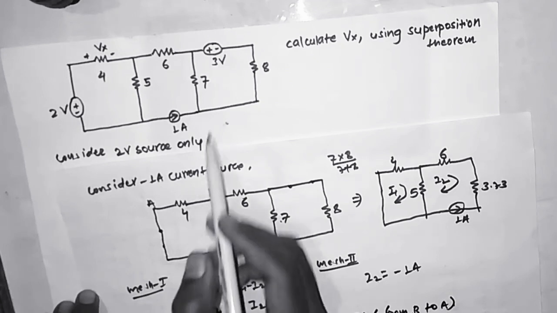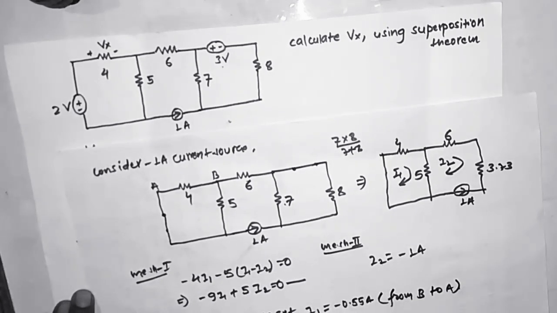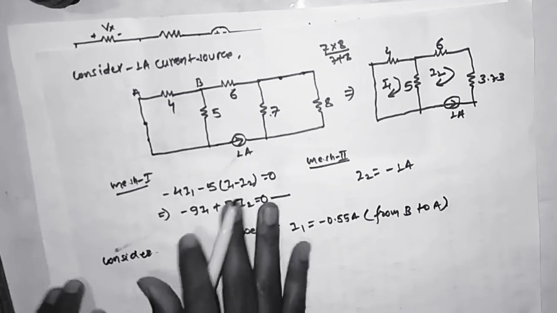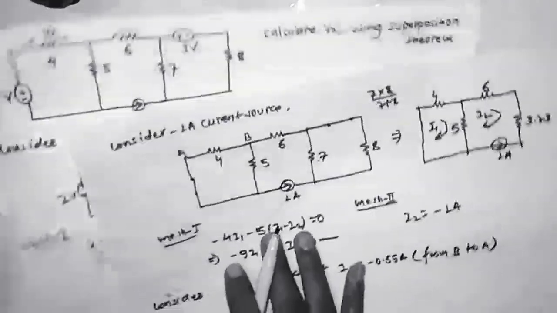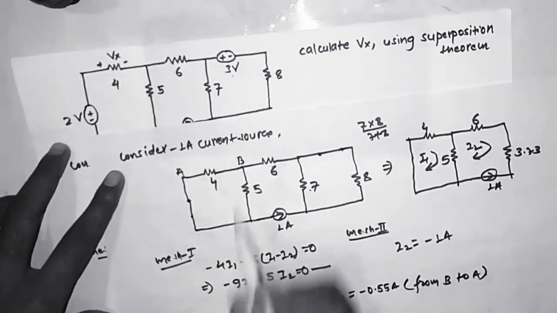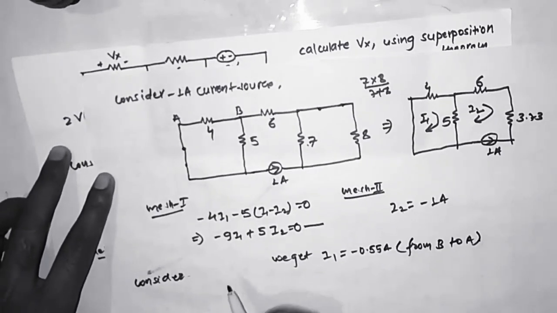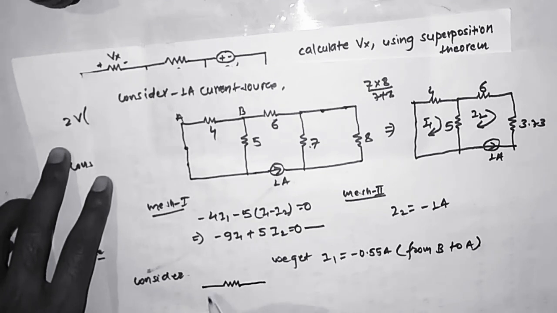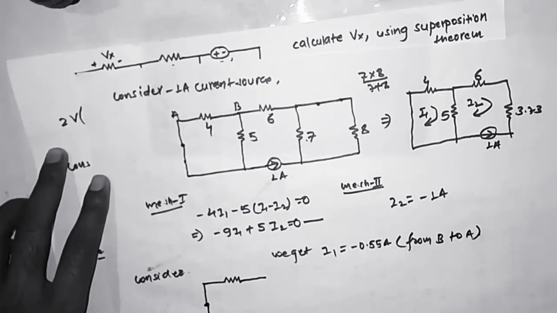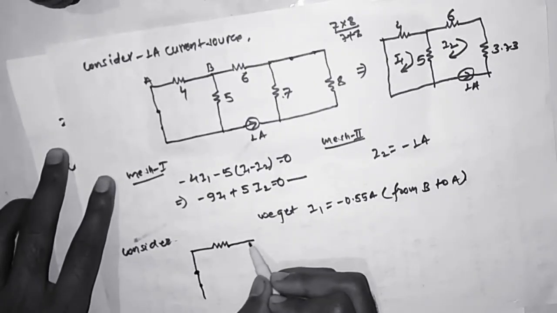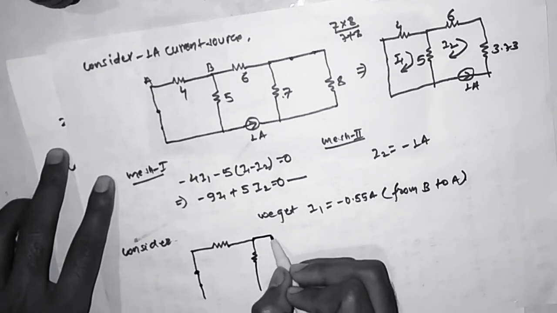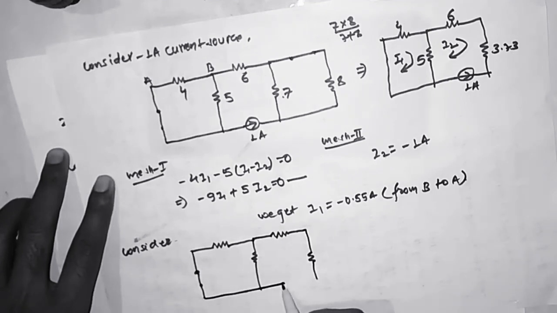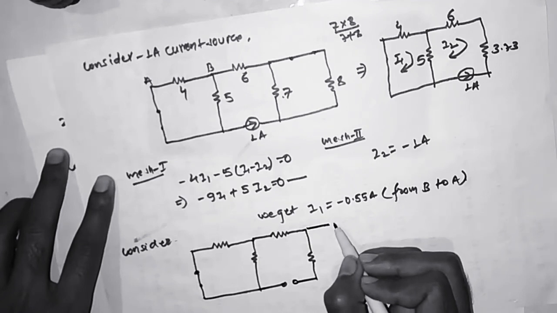And lastly we have the 3 volt source, so let us consider it. Now the current source will be open circuited, and we have one voltage source.